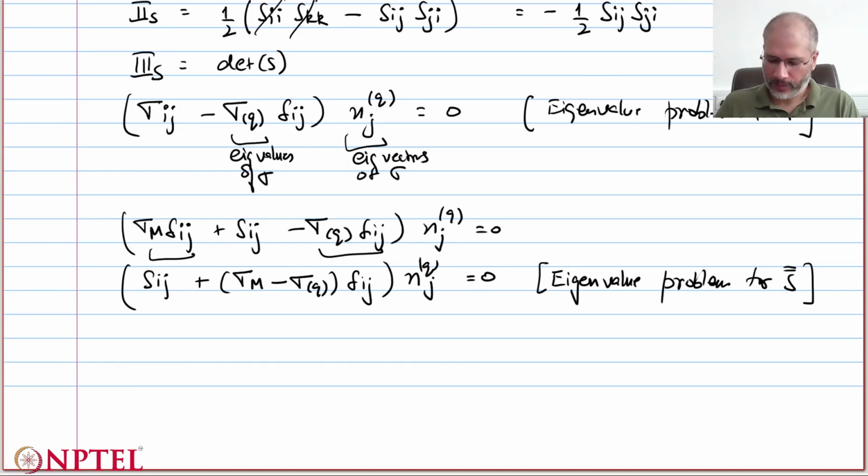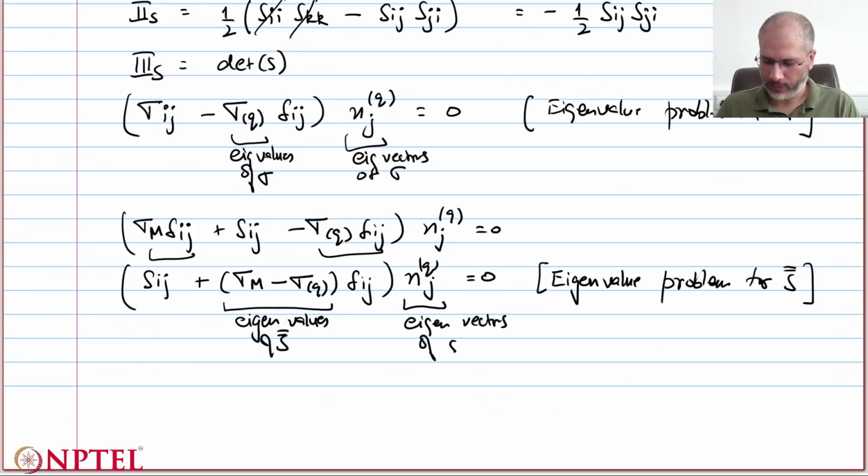So from this we can see that these are the eigenvalues of S, and these are the eigenvectors of S. So we notice that the eigenvalues Sq of S are simply the eigenvalues of sigma minus sigma m. We find the three eigenvalues of sigma and subtract sigma m from each, and you will get the eigenvalues of S.